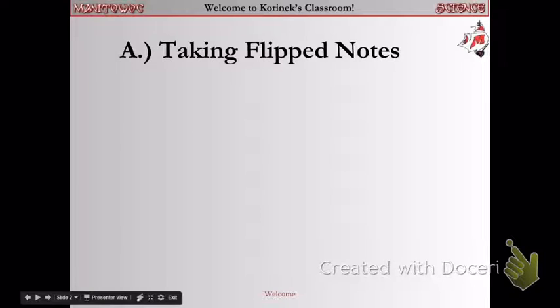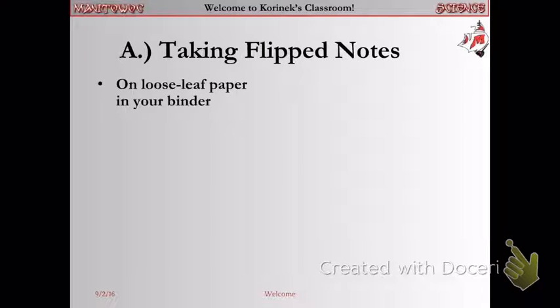So how do we take flipped notes? Well, the next thing you should write below the definition for chemistry is an A. I like a hierarchy. So write an A with a parenthesis after it, and the words taking flipped notes. We want this to be on loose leaf paper in your binder.